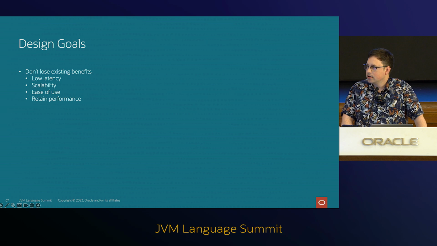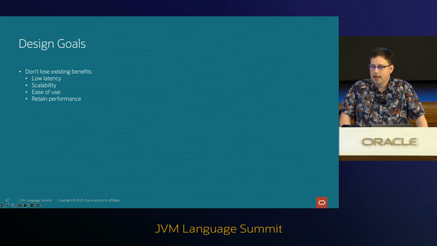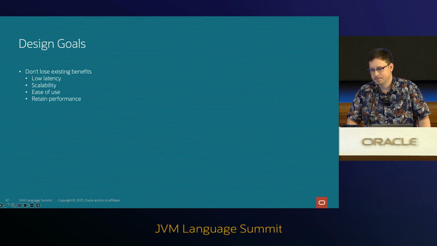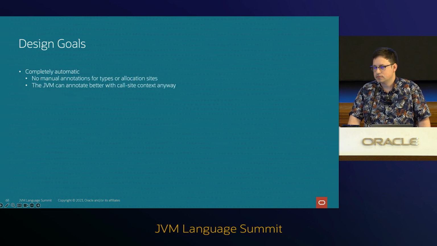Some important design goals. The most important, probably, is to not lose what we have. So in the worst case scenario, we still want to retain the low latencies we have, the scalability, ease of use, as well as the performance that we fought pretty hard for. We also want it to be completely automatic.